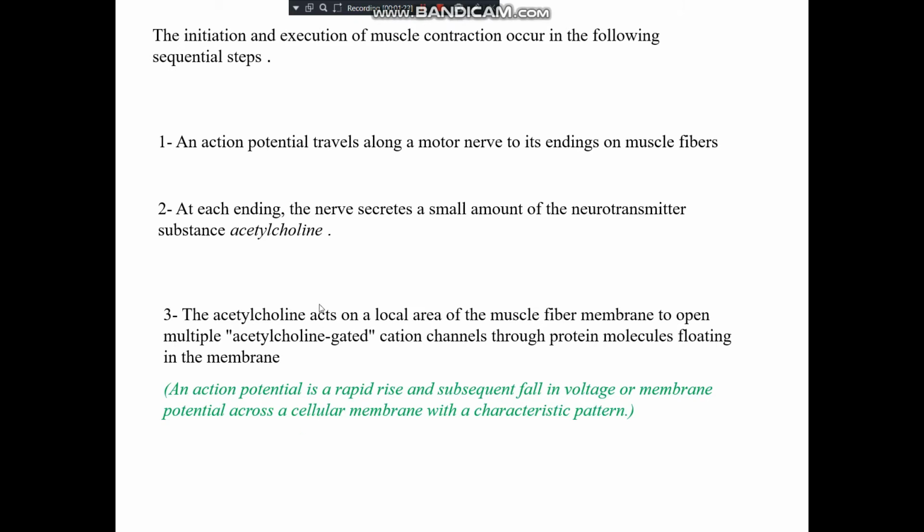So now acetylcholine, the neurotransmitter, is released from the nerve ending on the local area of the muscle fiber where it has innervated. Once the acetylcholine reaches the muscle membrane, it opens multiple gates known as acetylcholine gated cation channels.